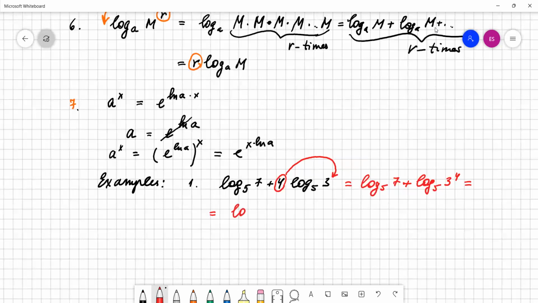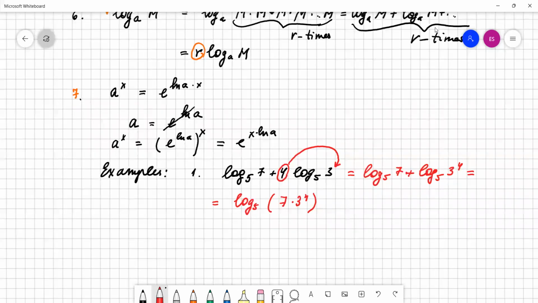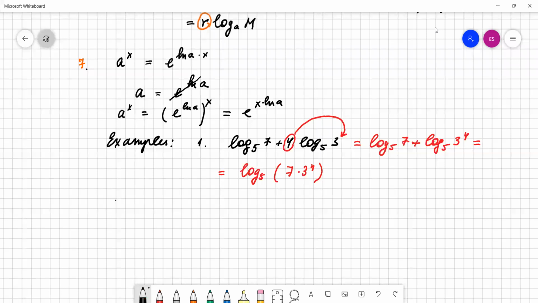The sum of logarithms can be merged into a product: logarithm with base 5 of 7 multiplied by 3 to the power of 4. Well, I simplified it. I did not calculate 3 to the power of 4. It's actually 81. But you see, it's a different way of writing down the same expression. Problem 2.